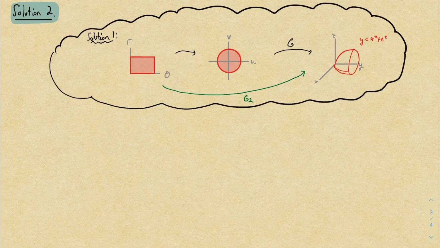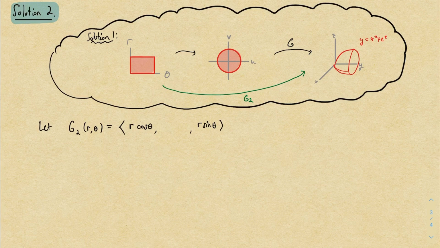So my new parameterization, I'll call G2. The parameters will be r and theta. X, I'll call r cosine theta as usual. But then I'll call z r sine theta because in this expression, x squared plus z squared, z is kind of acting like y normally does.